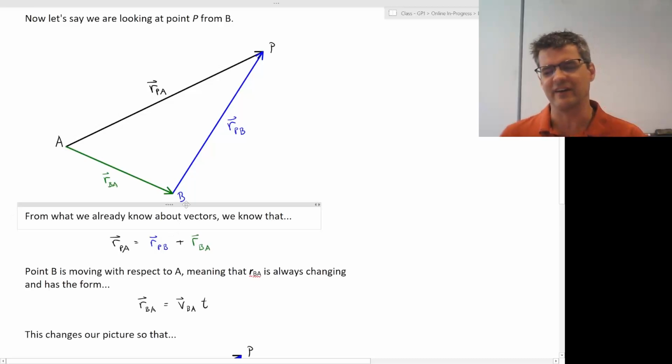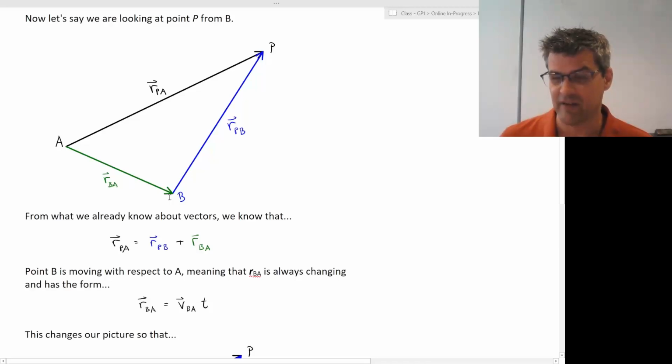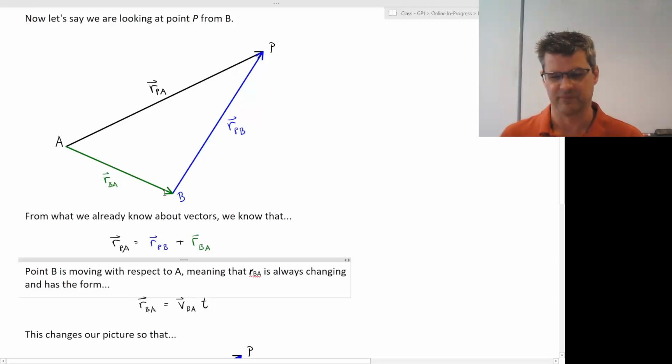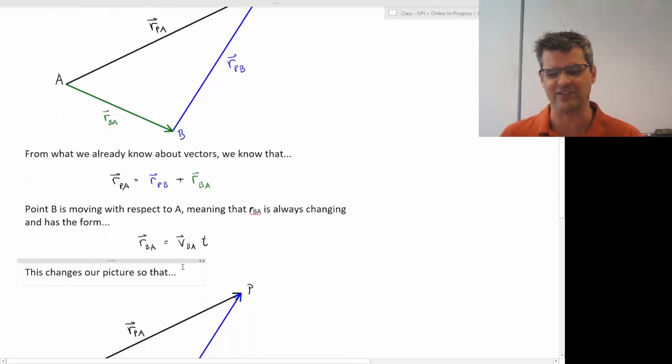We're going to say that point B is allowed to move. It's going to move at a constant velocity, but that constant velocity can be in any direction. So this point B is going to be moving at some velocity v_BA, with respect to A. So I'm always going to be able to determine the position of B from point A and how it changes as a function of time.